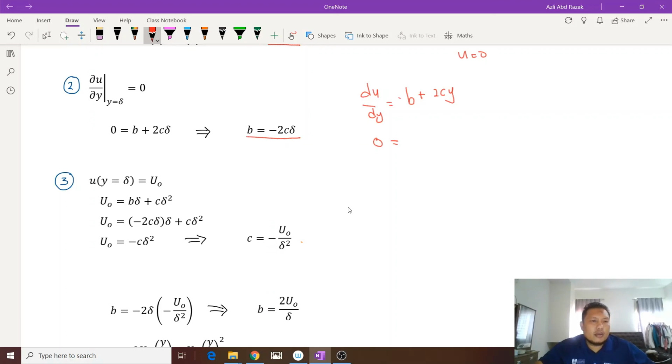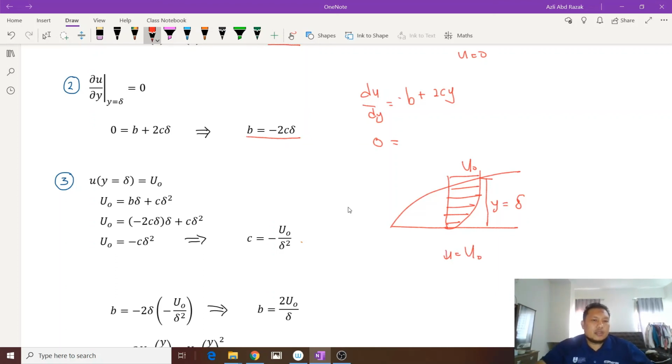Furthermore, we apply another boundary condition to this velocity profile, and we know that at y equal to delta, u equal to u naught. Again, the boundary layer is like this, our velocity profile like this. At y equal to delta, which is the boundary layer thickness, we know that above this the velocity u is equal to u naught.